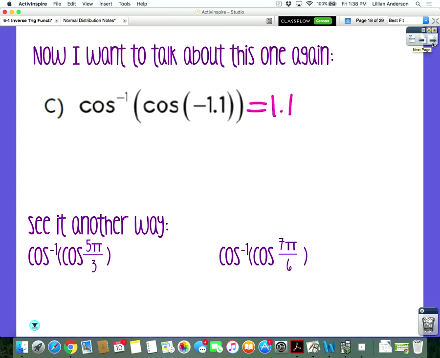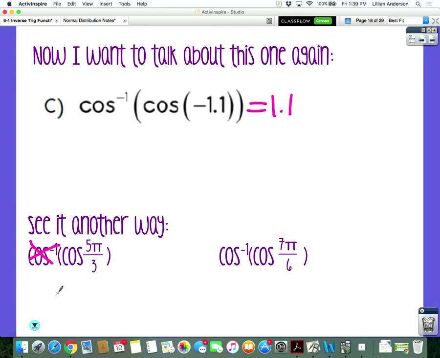But in these types of situations, the reason why it wasn't -1.1, it was a positive, I'm about to explain right now. Look at it this way. When you're doing compositions, even if you forget those properties, you can always start on the inside and work your way out. So take away just this part right now, pretend it's not even there.